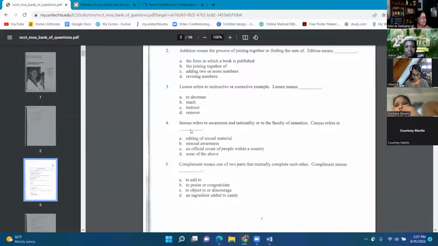Okay, so census refers to the awareness or rationality or the faculty of sensation, editing of sexual material, sensual awareness, an official count of people within the county, or none of the above. C, an official count. Yes. So senses, your 4 senses, eyes, ears, smelling, taste.